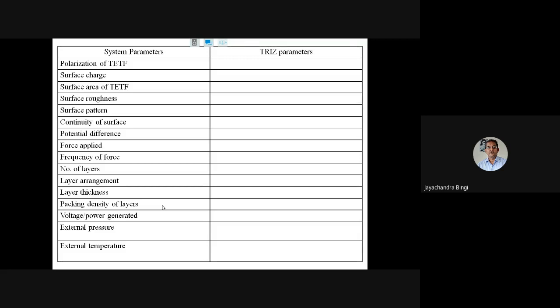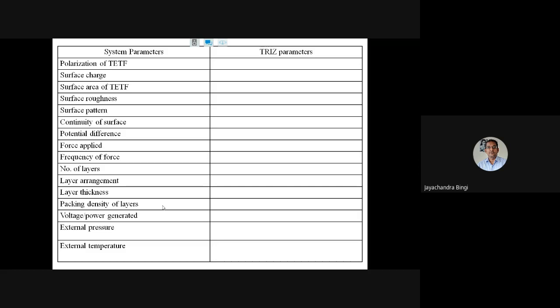Okay. Now layer arrangement, how do you say it? What kind of generalized parameter can you assign? You are arranging it layer by layer. That's it. You are not mentioning any length, thickness, or anything.